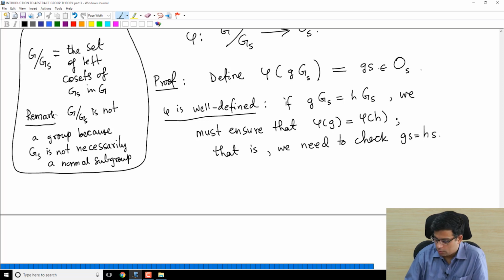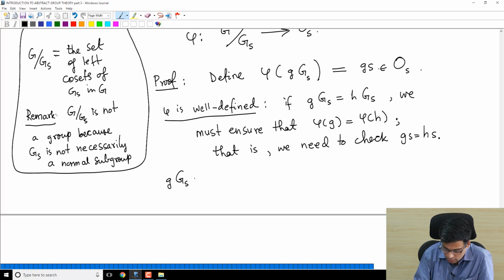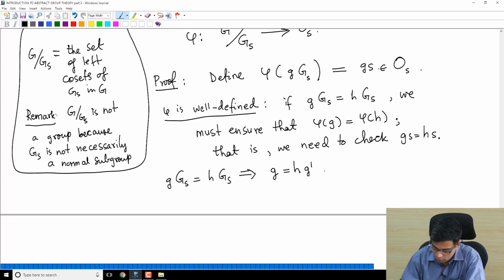But this is not difficult at all. If you start working this out, it will become clear. So if g G_s is equal to h G_s, then this implies that g equals h g' for some g' in G_s.